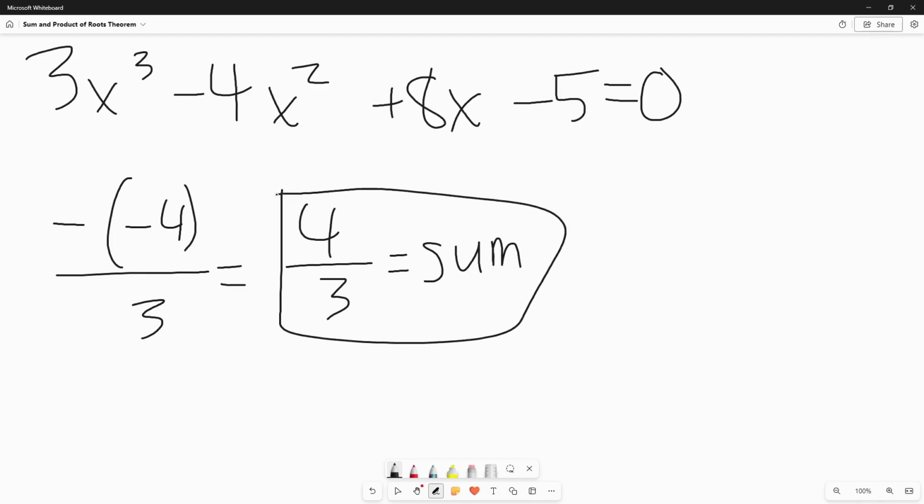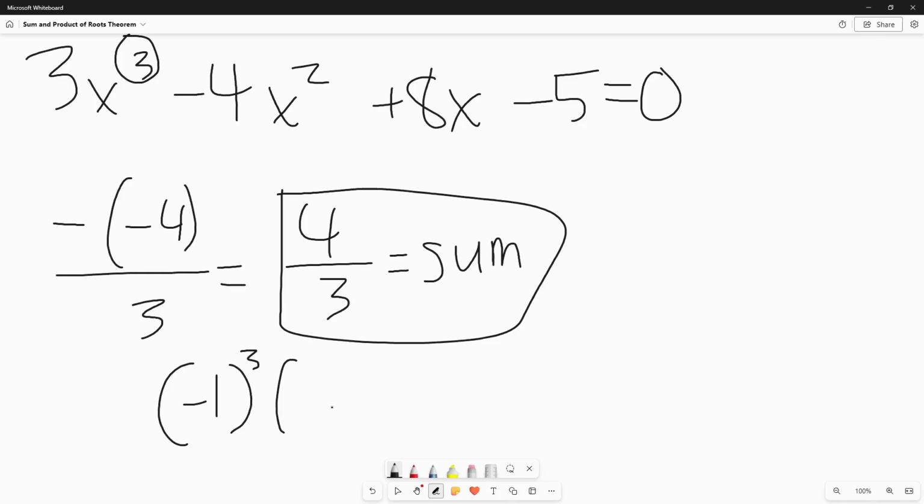Now let's find the product. Finding the product is a little bit more complicated. You need to do negative 1 to the power of the degree of the leading term. So in this case, it will be 3, because right here it's 3, so negative 1 to the power of 3 times the constant, or the last term in the equation.